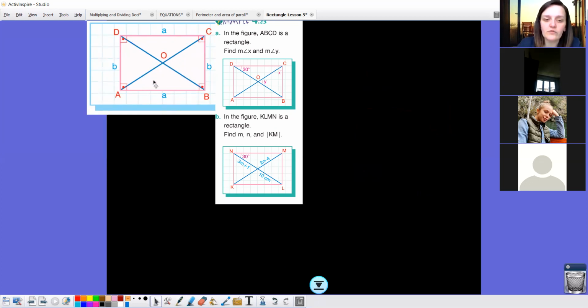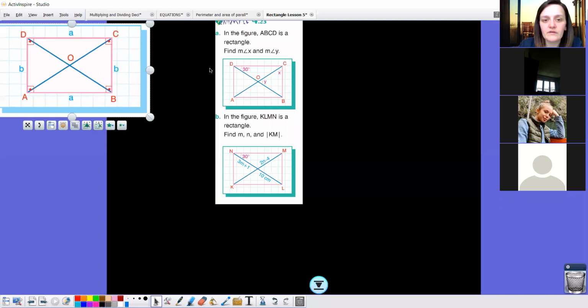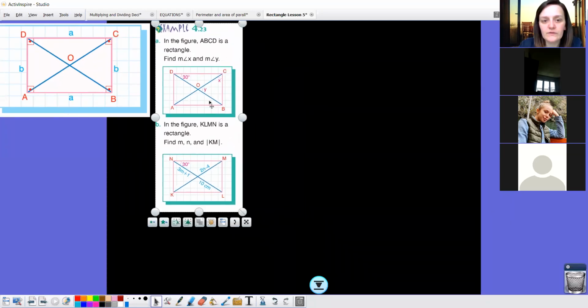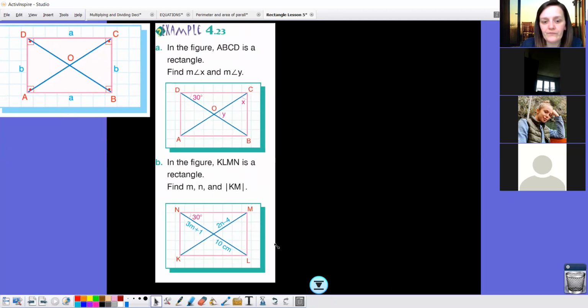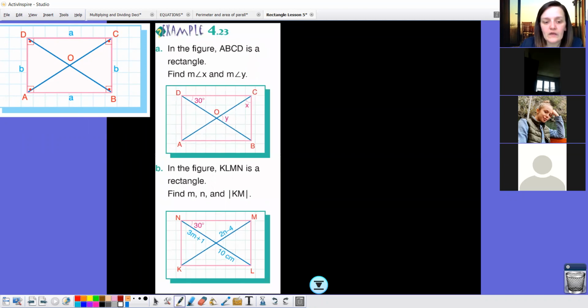Now, what kind of questions we may have? Here, let's see this one. In the figure ABCD is a rectangle. Find the measure of angle X and measure of angle Y. These two angles are given.